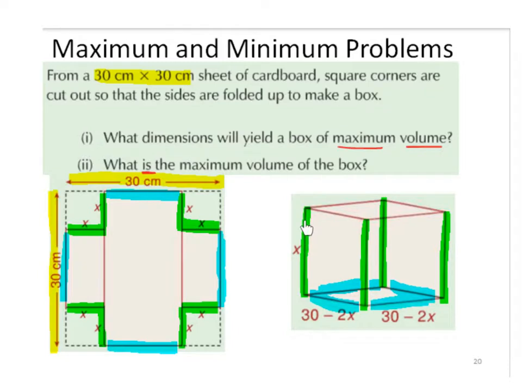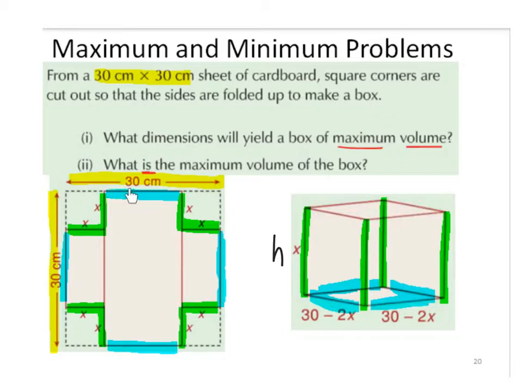So that's why we have this labelled as x here. So if we were to fold this shape up, these two sides would end up being stuck together and they would form the corner of this box. So we can call this the height, or just h.